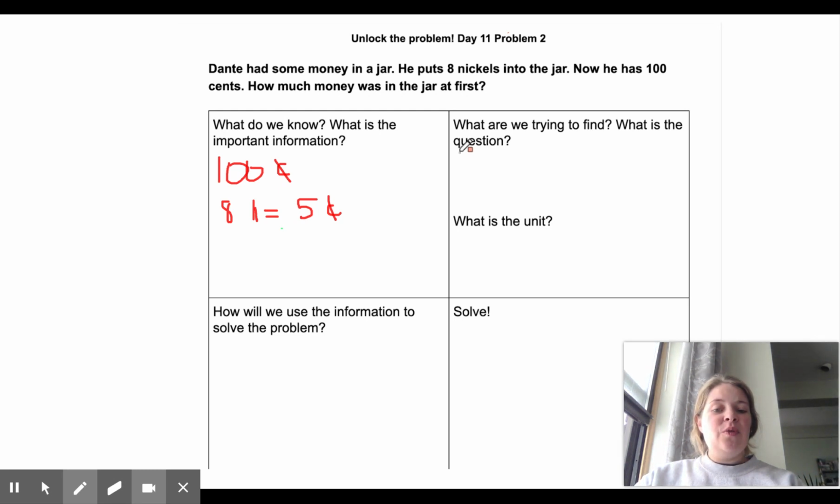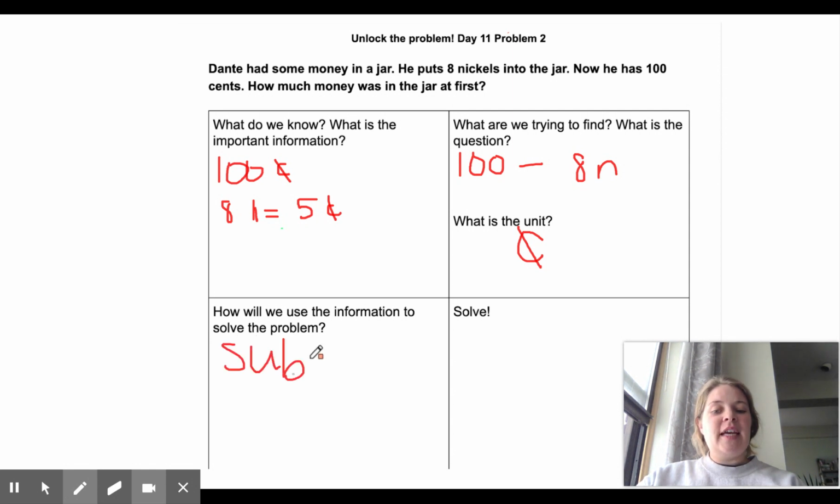So we would do 100 minus the 8 nickels. And the unit that we're dealing with is cents. How will we use the information to solve the problem? What will you do to solve it? In this case, we are going to subtract.